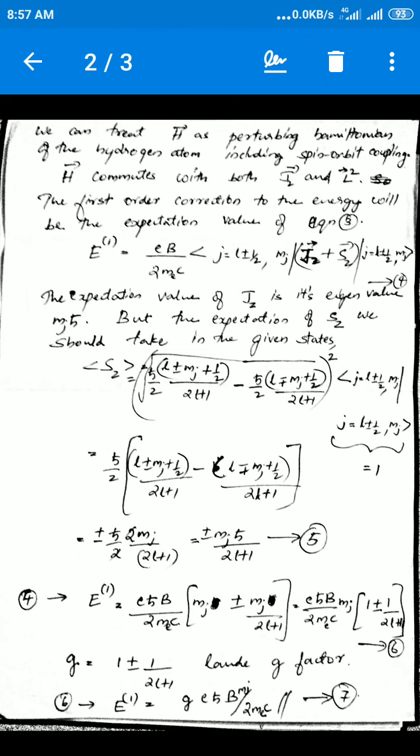This is the value of the first order correction, equation number 6. We substitute 1 plus or minus 1 by (2l plus 1) as g, which is called the Lande factor. So equation 6 becomes E1 equal to g times e h cut B mj by 2mec, where g is the Lande factor. This is the value of the first order correction to the energy, equation number 7.